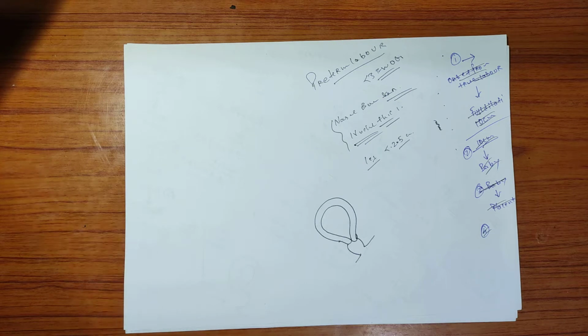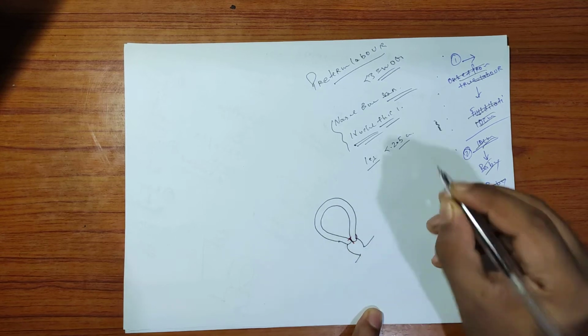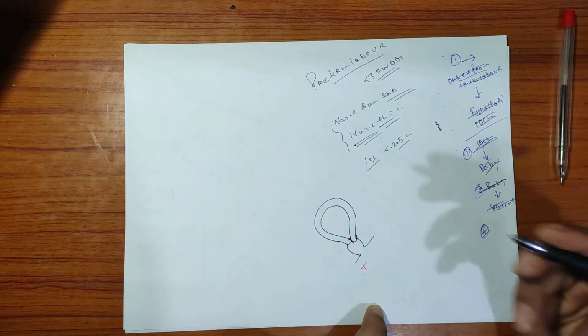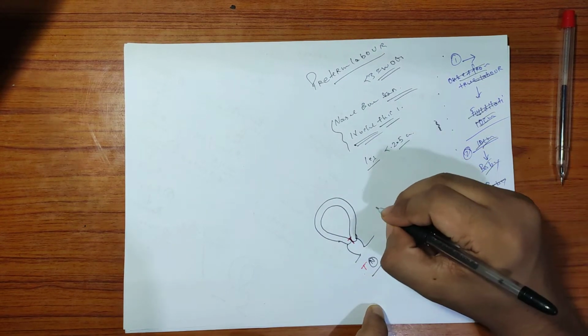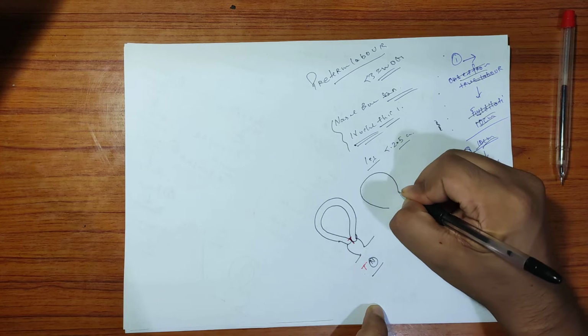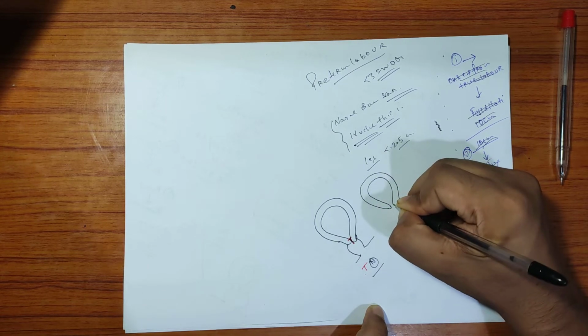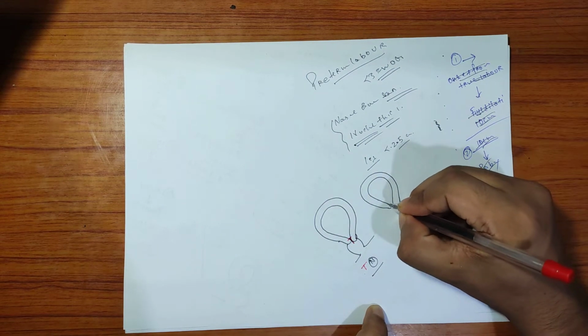If I draw a line, I'm able to see this structure. It's like a T, and this T is absolutely normal. Now let us see another state where the uterus is relatively opening up.